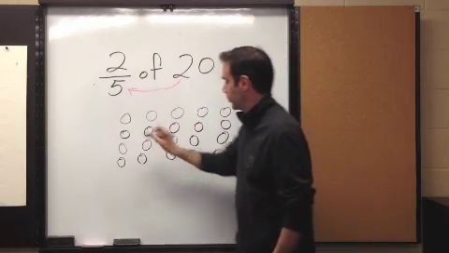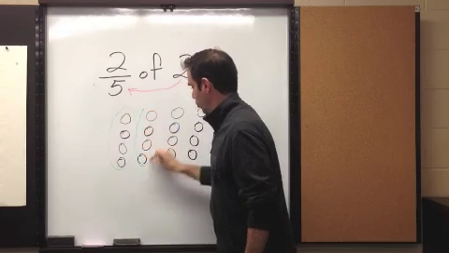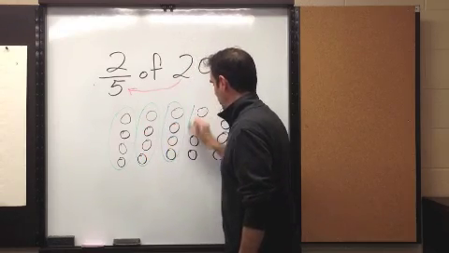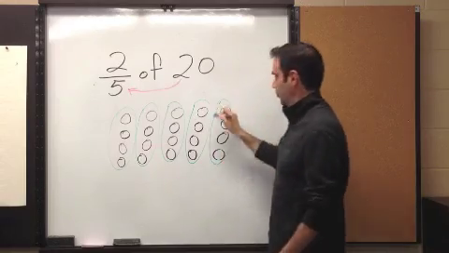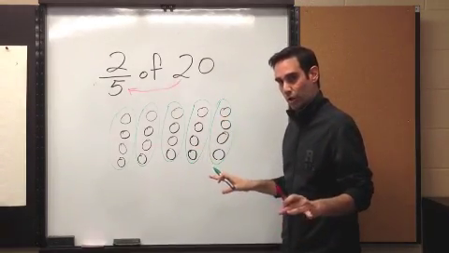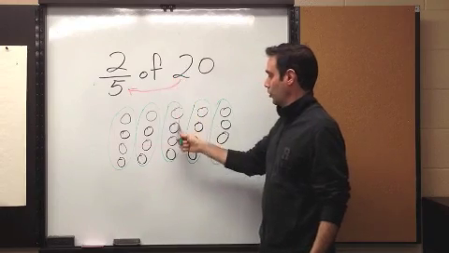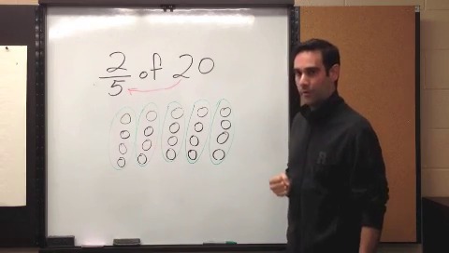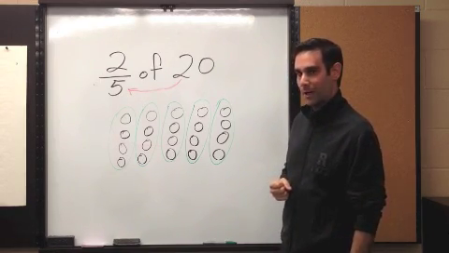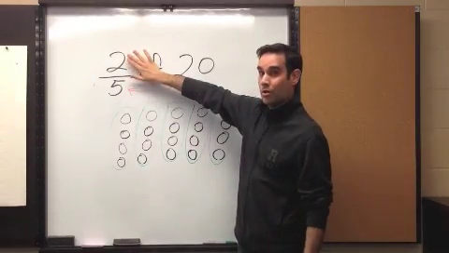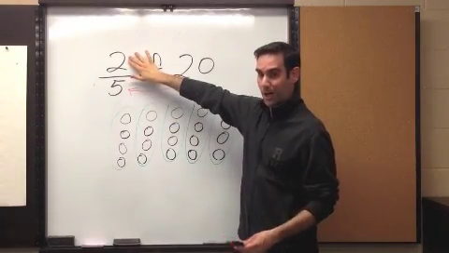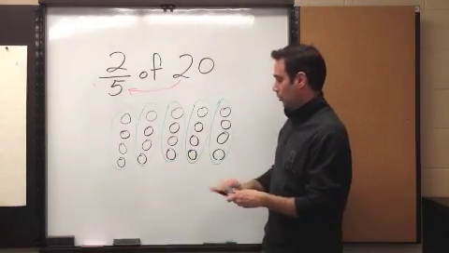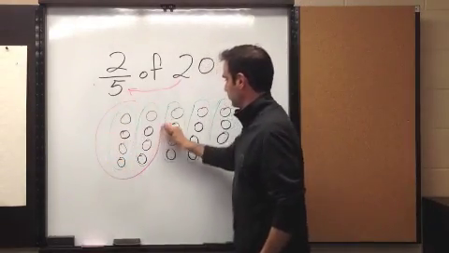And here's my groups. 1 group, 2 groups, 3 groups, 4 groups, 5 groups. Do you have this done so far? Good. Now, if I'm allowed 2/5 of the cookies, how many groups am I allowed to look at? You got it. 2 groups. I'm allowed to look at 2 groups, which is right here.